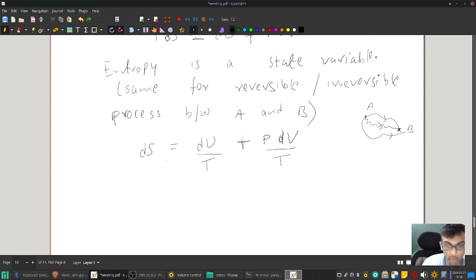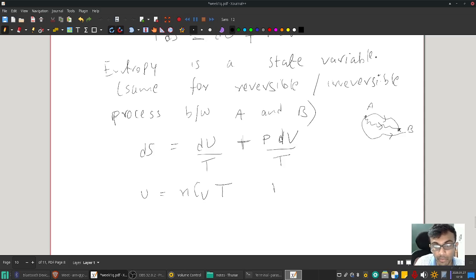I mean, it is true for any gas, any substance. Now we can make use of the fact that we are dealing with an ideal gas. So U would be nCvT, and this is the equation of state.